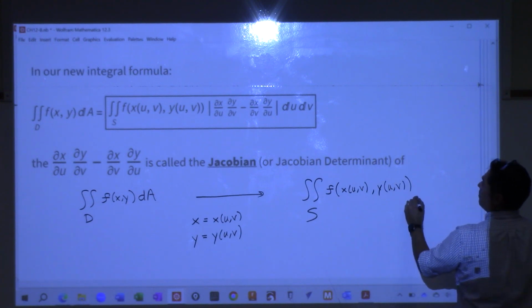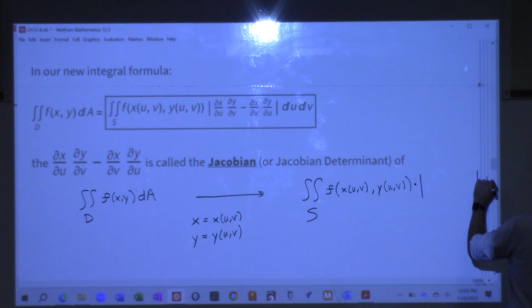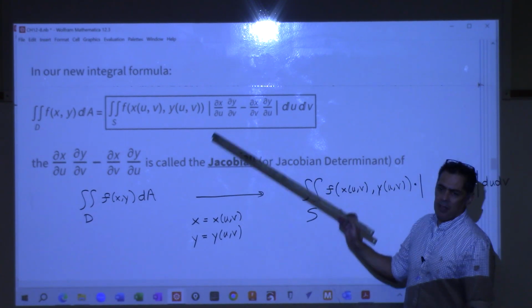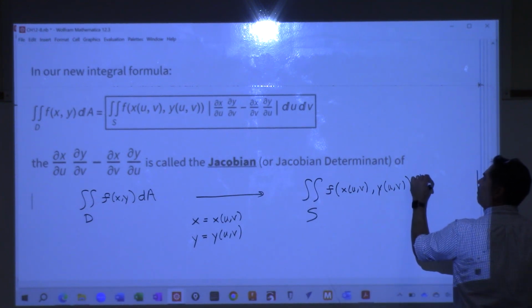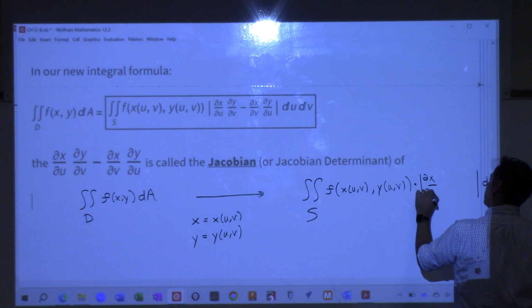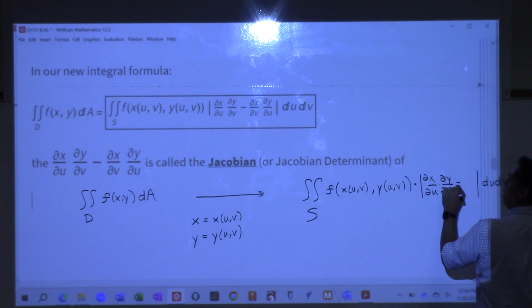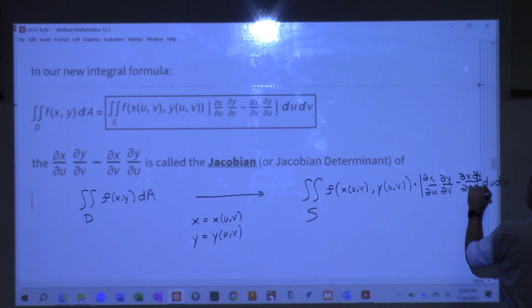And then you'll have to multiply that by the magnitude of this thing right here, which is called the Jacobian determinant, which is partial x with respect to u times partial y with respect to v, minus partial x with respect to v, partial y with respect to u.